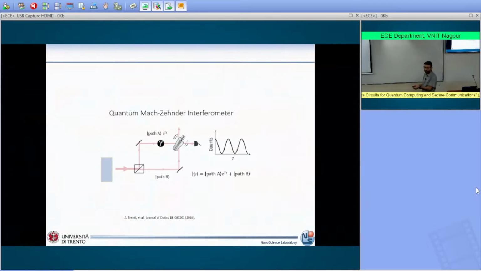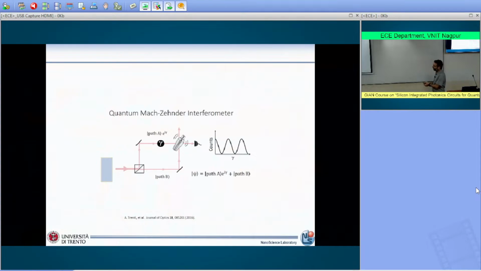And therefore, we don't know, after this beam splitter, where the photon is. Okay? And so if we want to describe the single photon state, we have to describe the single photon state as the superposition of a photon in this path here and a photon in that path there. Okay, so this is clear.